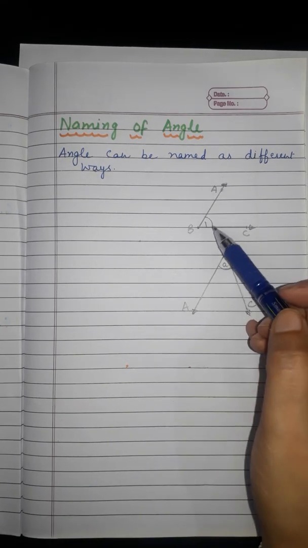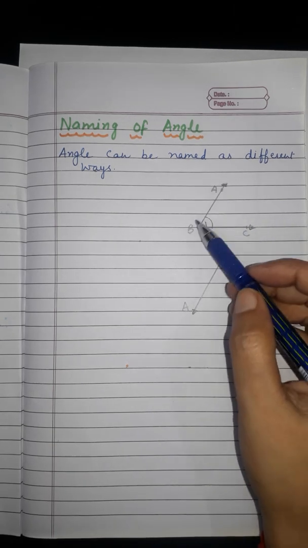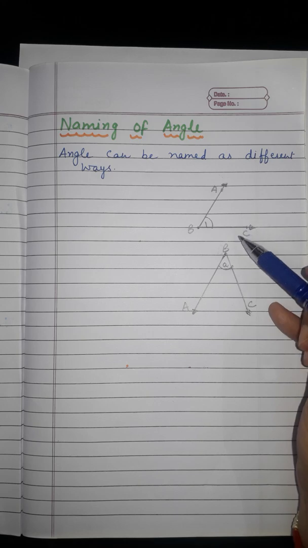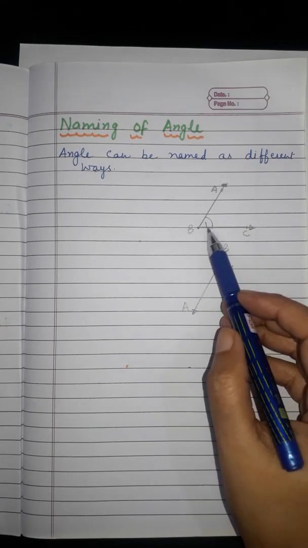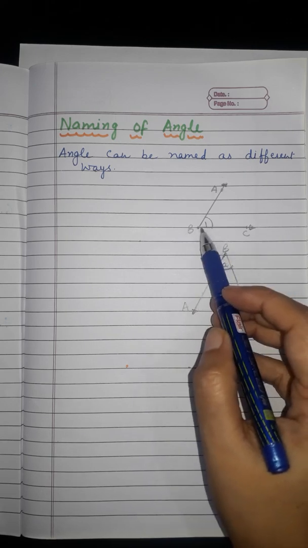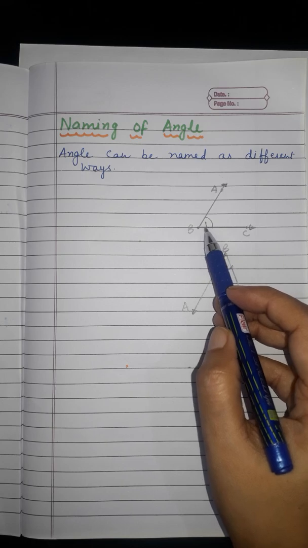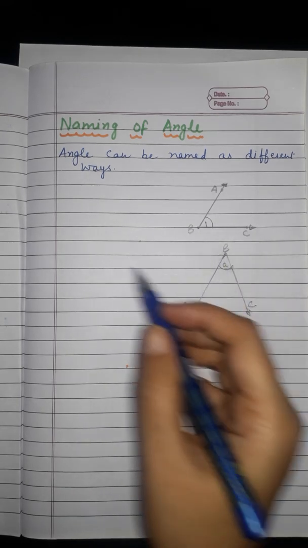We can name an angle using three letters, a single letter, or the number shown in the angle. First of all, the number 1 is written inside the angle at the vertex. So we can write the name of this angle as angle 1.